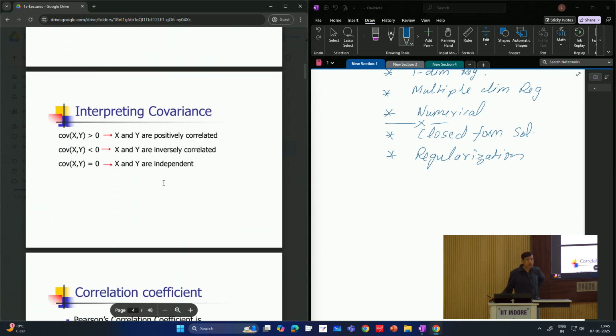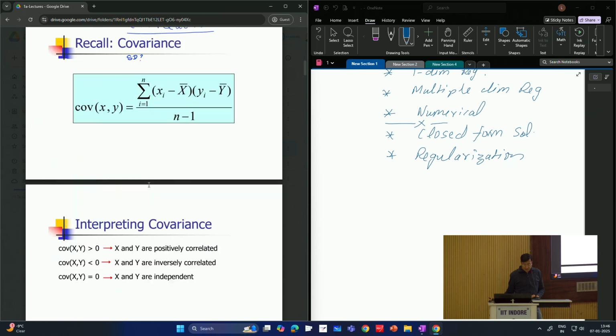Now what does the covariance mean? If the value turns out to be positive, the two sets of variables are positively correlated. If it's negative, they are inversely correlated. And if it turns out to be 0, there is no relation between them. What are we trying to do? We're trying to make sense of data coming in different dimensions, in X and Y directions.